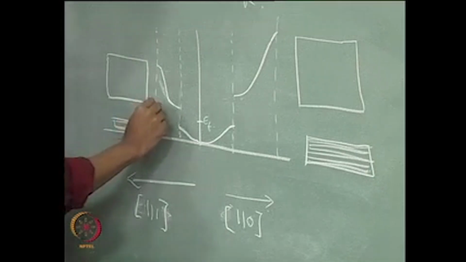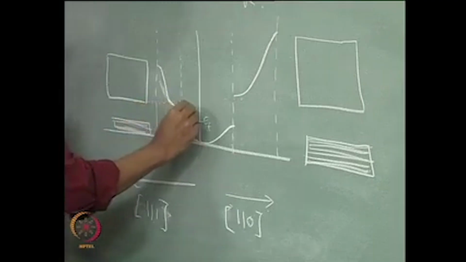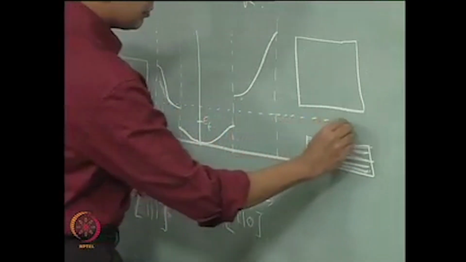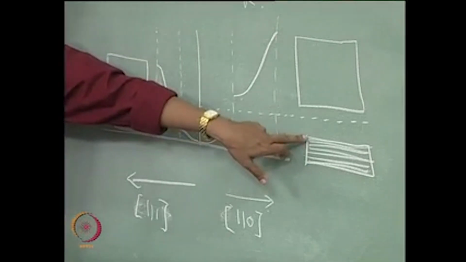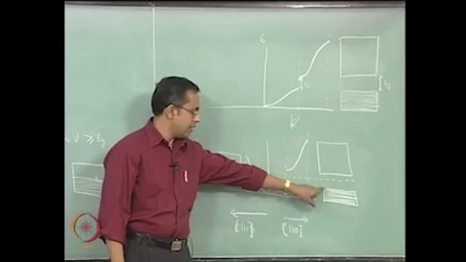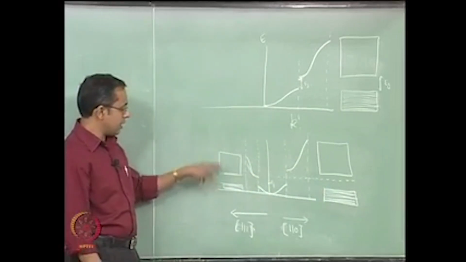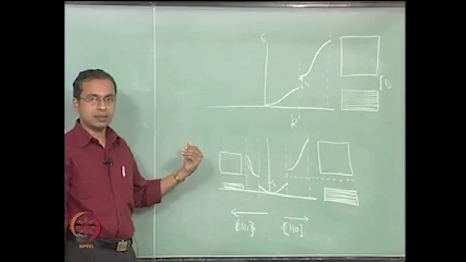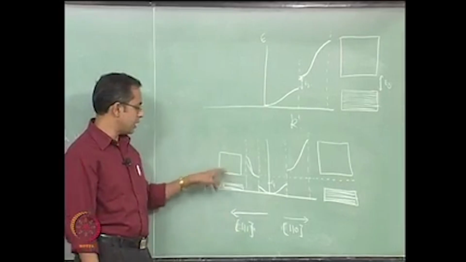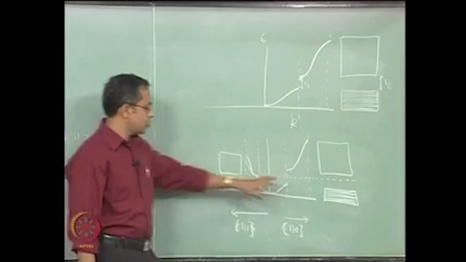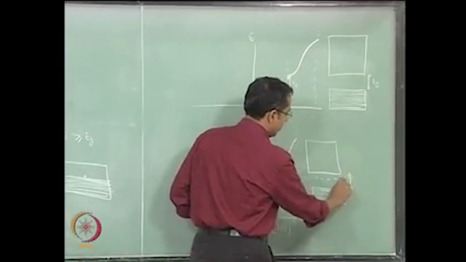In both cases the band gap may be the same, but if we just look at this level here, we find that the highest occupied level in the valence band is closer to the lowest unoccupied level in the conduction band in a different direction, in a different location in K space. So the band gap, rather than being defined by this, is now defined by this.